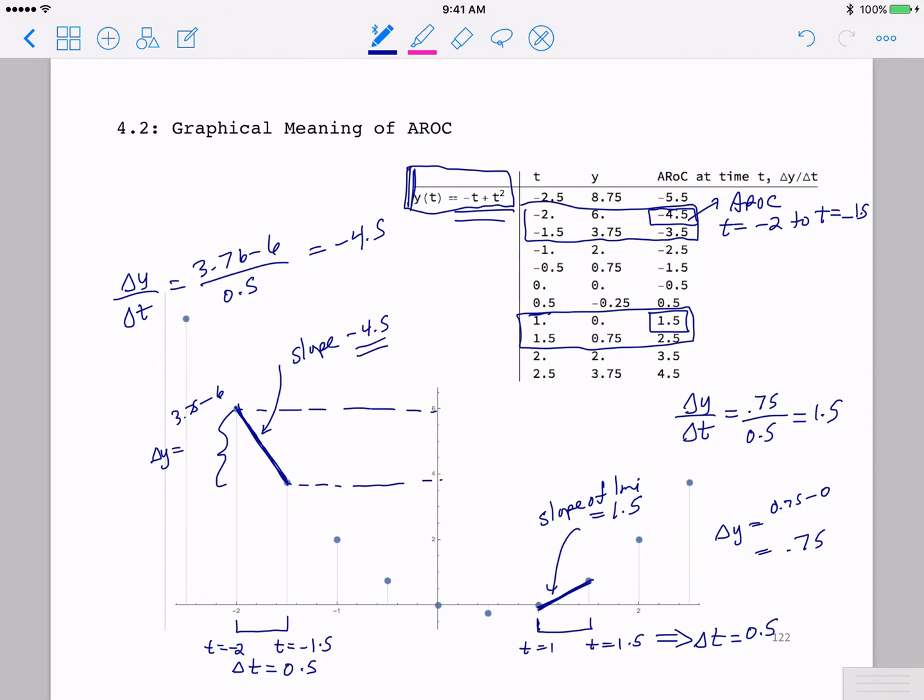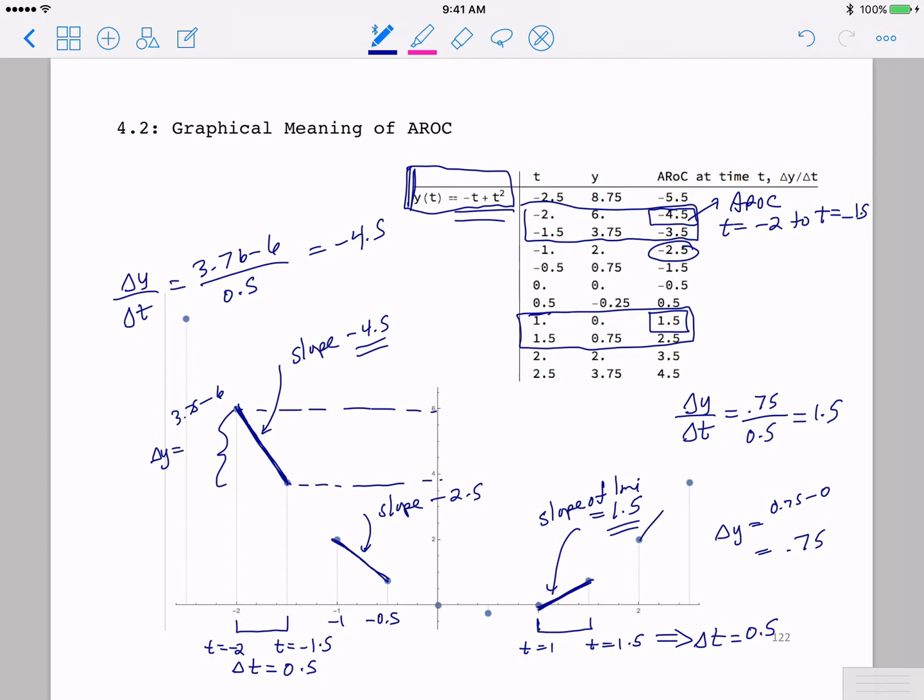Here the average rate of change is 1.5, because the slope of these lines are changing. The slope of the line between negative 1 and negative 0.5, the average rate of change should be negative 2.5.